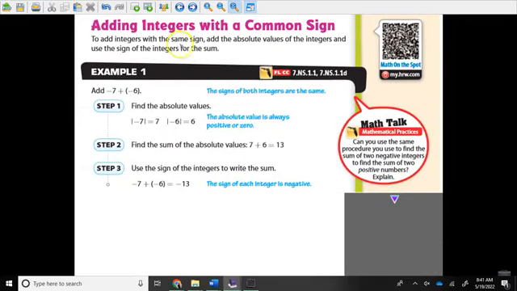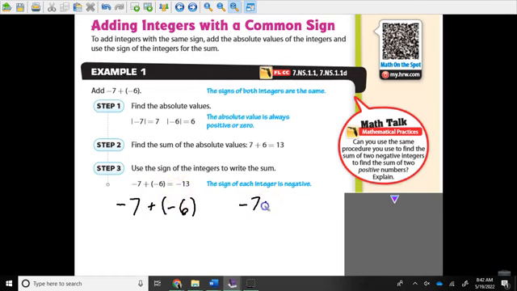So, adding integers with a common sign. To add integers with the same sign, add the absolute values of the integers and use the sign of the integers for the sum. So, example 1, add -7 plus -6. So, you might be thinking, why do I need these parentheses?